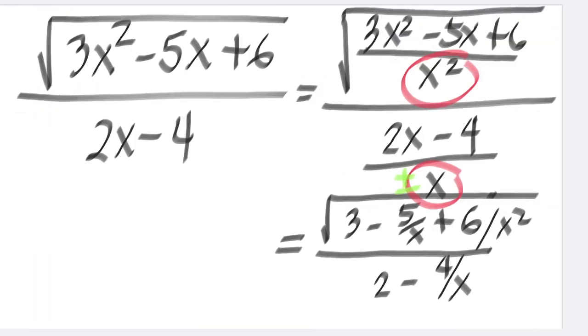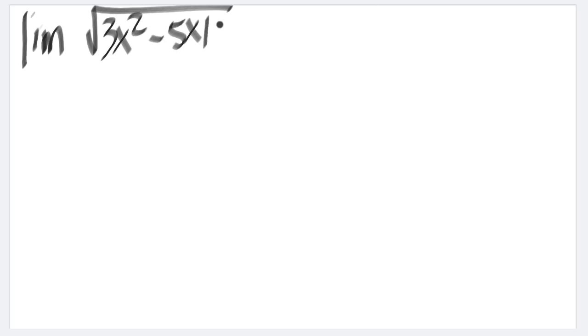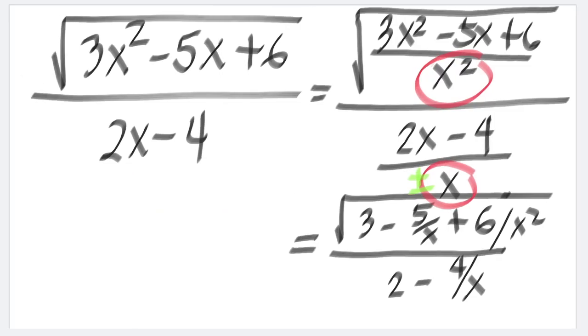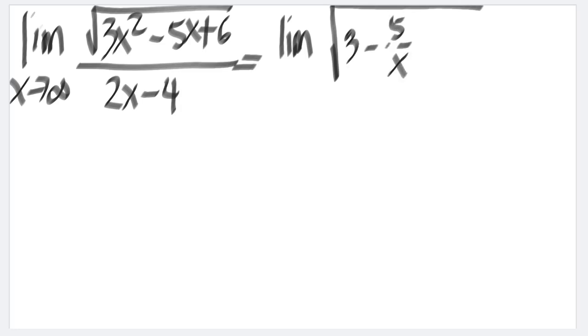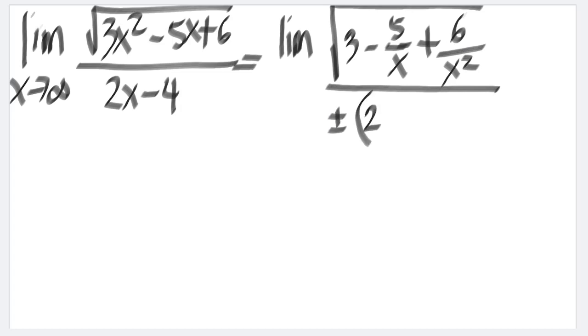Then taking the limit by direct substitution, the limit of square root of 3x squared minus 5x plus 6 all over 2x minus 4 as x approaches infinity is equal to the limit of square root of 3 minus 5 over x plus 6 over x squared all over positive negative 2 minus 4 over x as x approaches infinity.